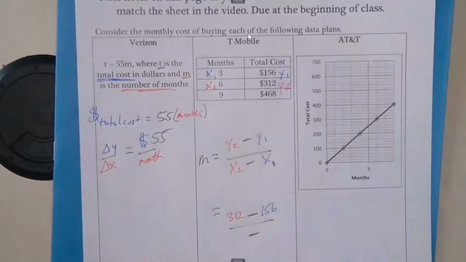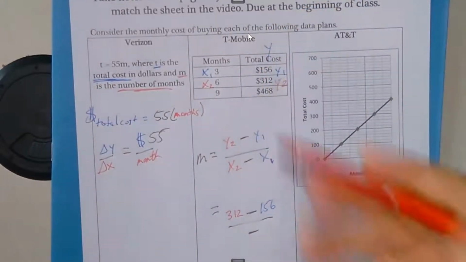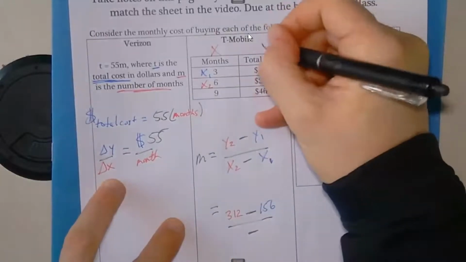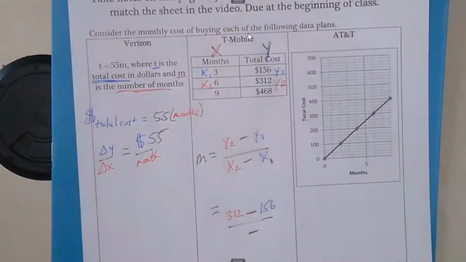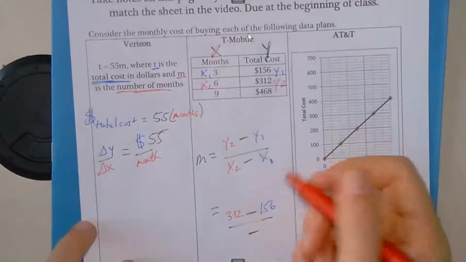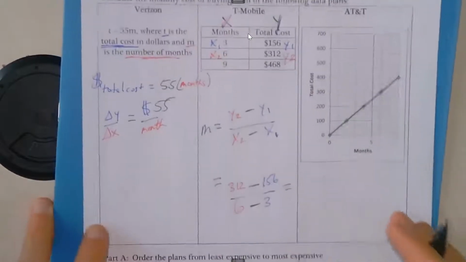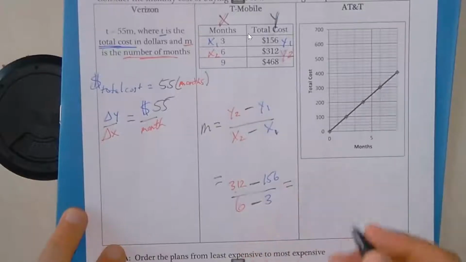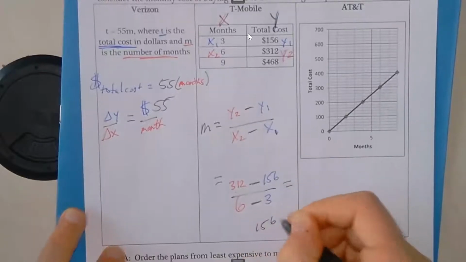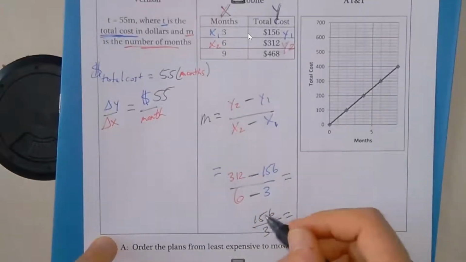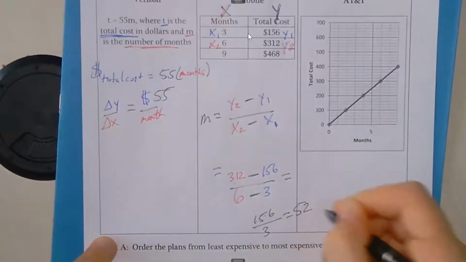Make sure those are coming from y. And now x2 minus x1. So if you use a calculator or if you do some quick math, 312 minus 156 equals 156. 6 minus 3 equals 3. And then 156 divided by 3 is 52.